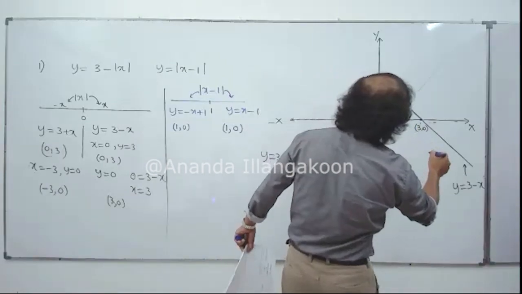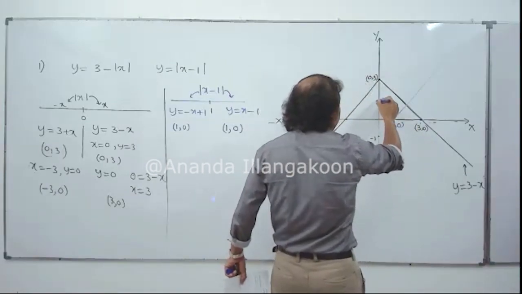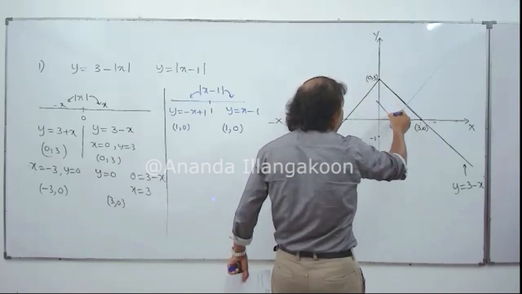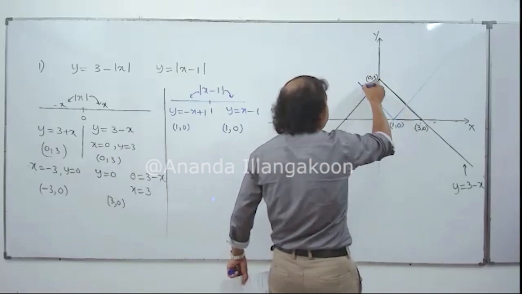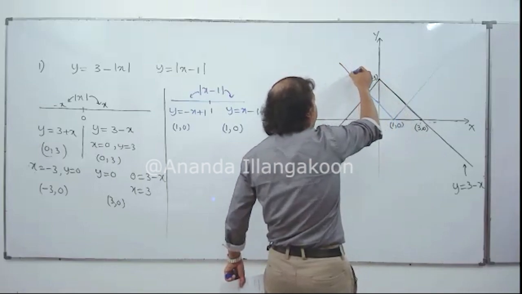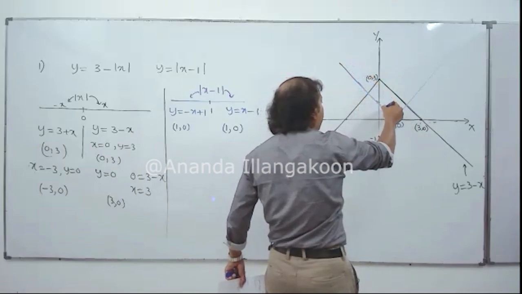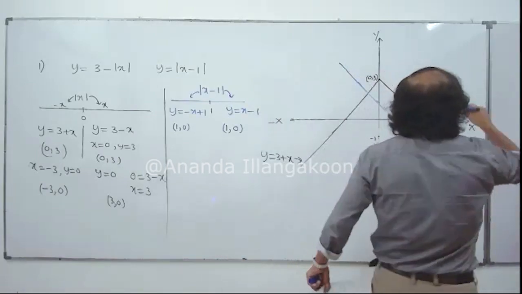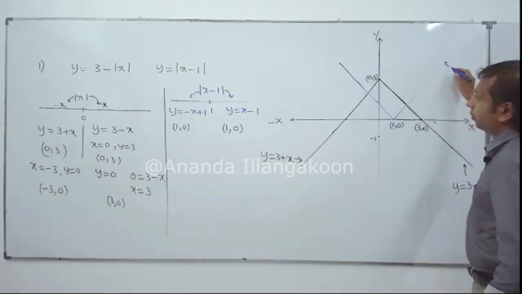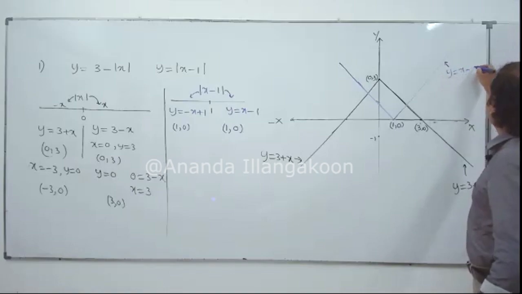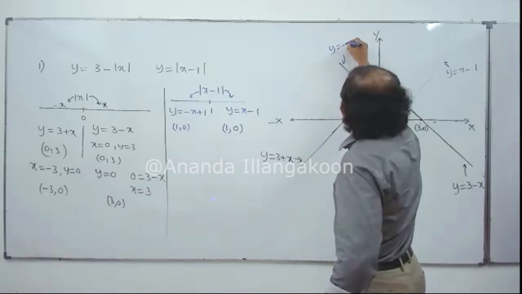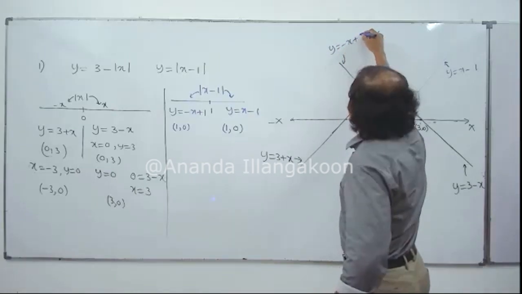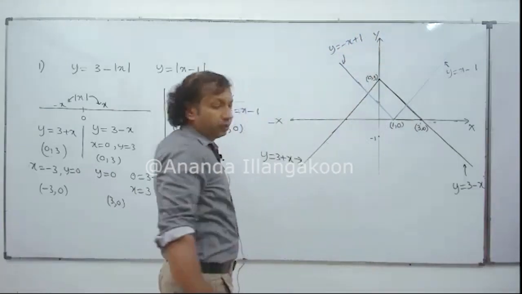Approximately, we have to maintain that geometry. This is how we get it. Then this equation y equals x minus 1, this equation y equals minus x plus 1. This way we get the 2 graphs.